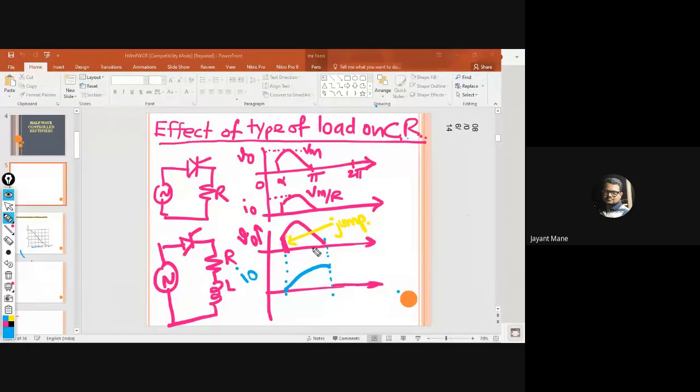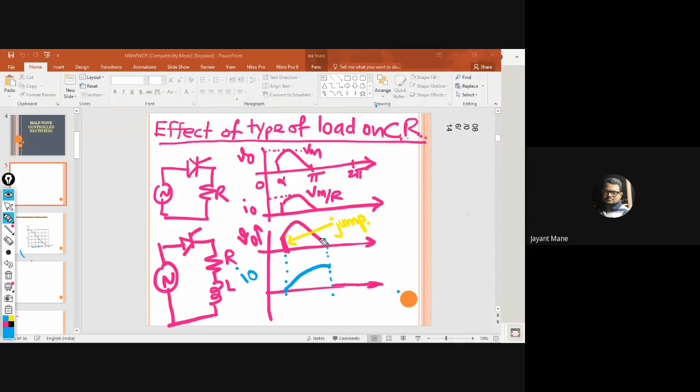So for the period for which the voltage is positive, current is rising. Afterwards, the voltage will go to zero. So what's the situation? What will happen?